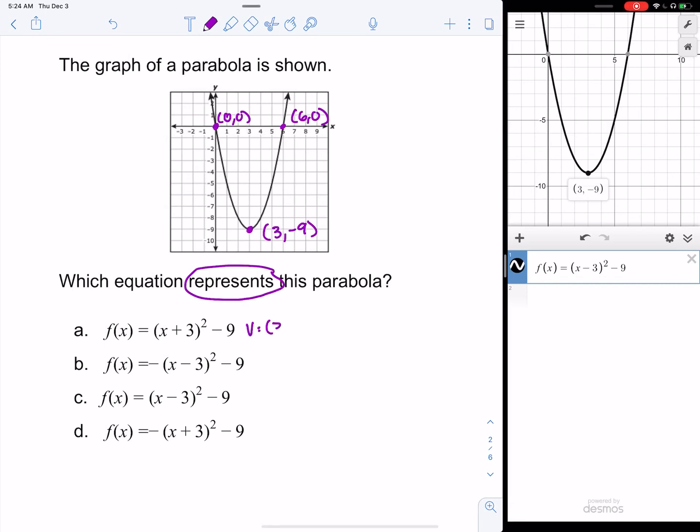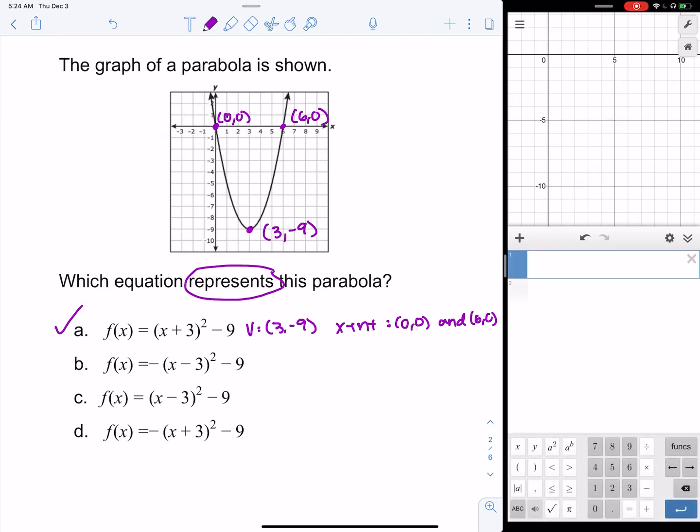Vertex (3, -9). And then my x-intercepts are at (0, 0) and (6, 0). Are those the same as my important points up at top? Yes. So this may be my answer, but remember, you need to check every answer. It's so important to check every answer. So go ahead and close out of that one.